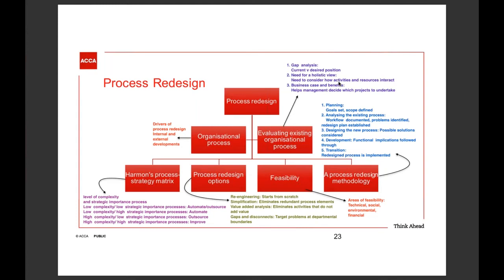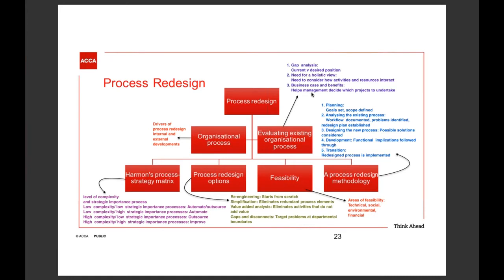Because I know what the activities involved are, how much costs will definitely be involved, and I may also know the resources involved, so I may also look into the cost and the benefit as well. So because of that, I may have to establish the business case and benefit first. Why? Because is it worth it to do this particular process redesign?